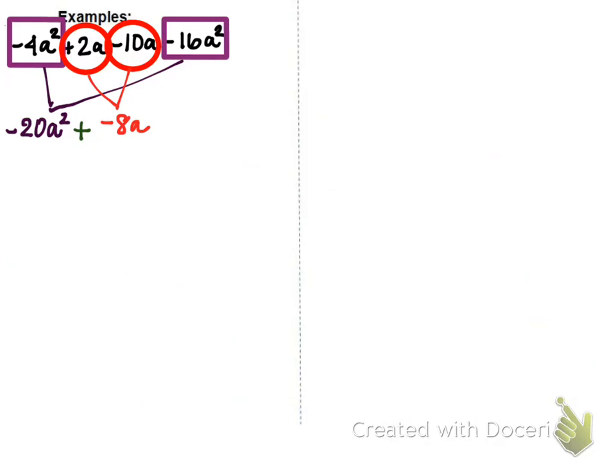We actually cannot put these together because they don't have the same variable parts. This right here is an a squared term, and this is an a term. They don't have the same exponent, so we cannot add them together. This now is my answer. I always want to double check with two questions.